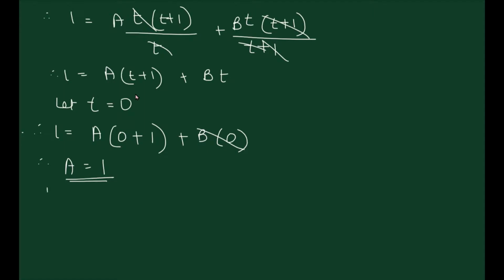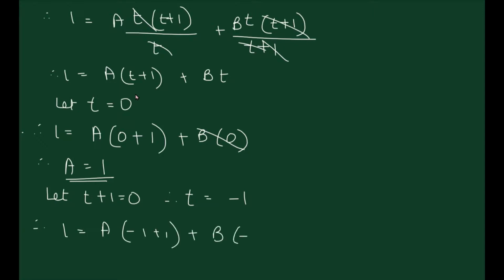In the same way, we put the next term as 0. Let t plus 1 as 0, and therefore t becomes minus 1, and therefore we get 1 is equal to a into minus 1 plus 1 plus b into minus 1. Now here a goes away, and therefore we get b is equal to minus 1. So thus we get the value for a and b.